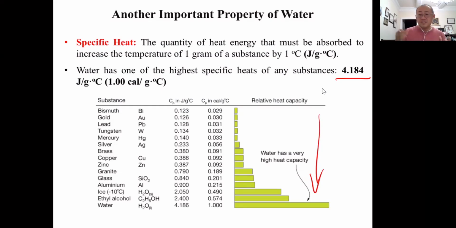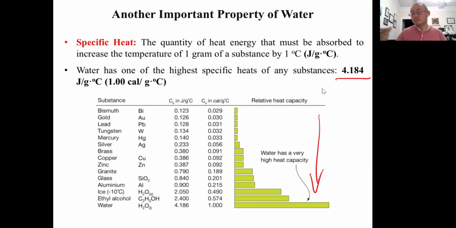This tells us that it takes a lot of energy for water to heat up, so the temperature of water does not change much when the weather changes, because it takes a lot of heat to warm up water.